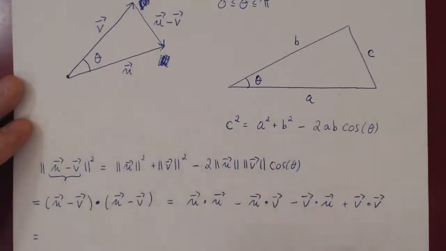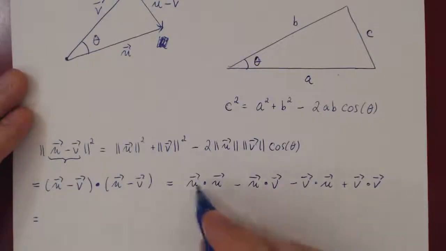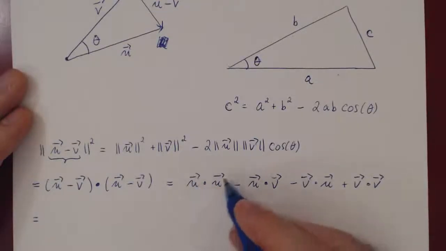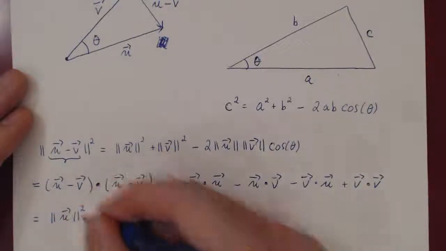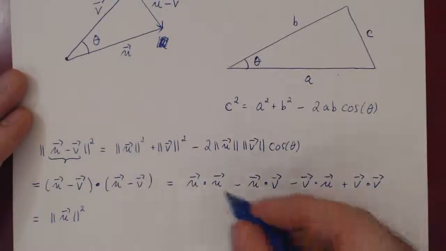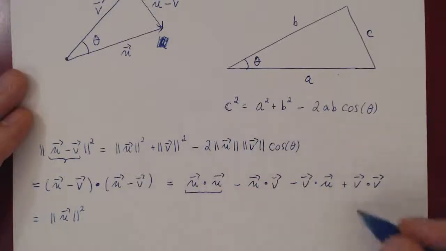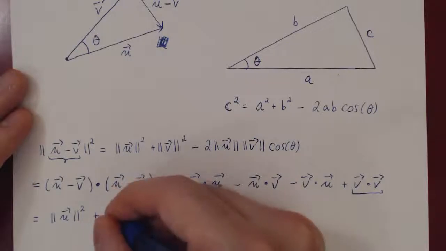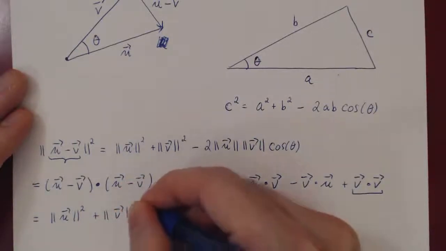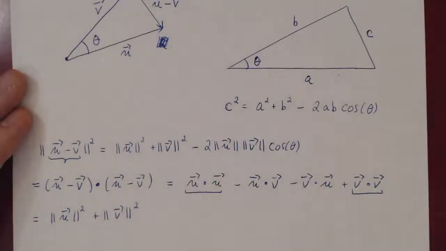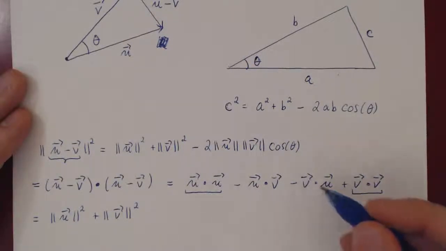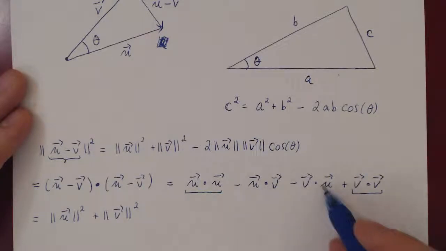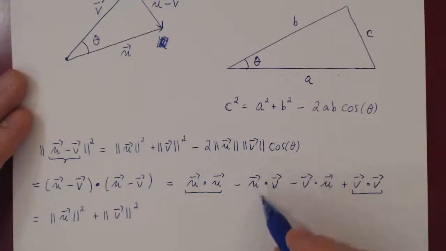And let's simplify this a little bit. u dot u, well, if we're dotting u with itself, that's the norm of u squared. So that takes care of this one. Plus v dot v, that's the norm of v squared. And if you remember, the dot product commutes. So u dot v is the same as v dot u. So we can combine both of these as negative 2 times u dot v.